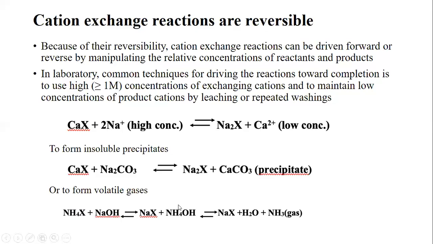NH4OH is very basic, and it will give you H2O plus NH3. NH3 is a gas, and it can leave the system. So again, we did not keep ammonium in here so that it will push the reaction backward. So we got rid of this. In the previous case, we used something so that it precipitates. In this case, we use something that releases a gas. So we lose the ammonium in the form of NH3 gas.